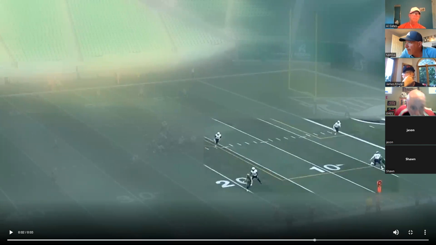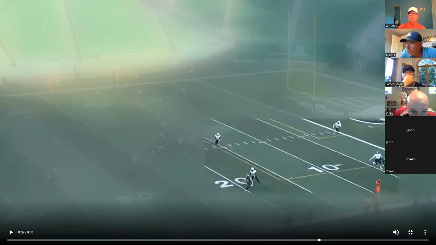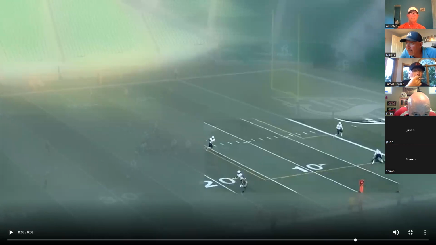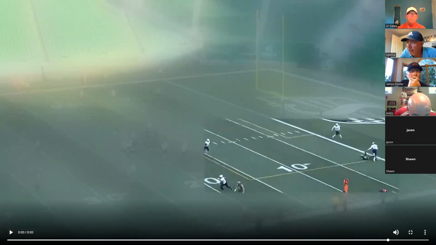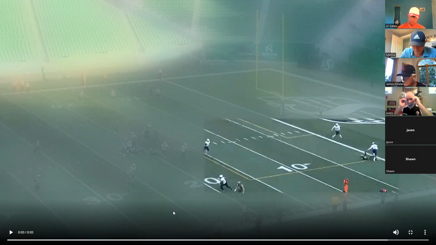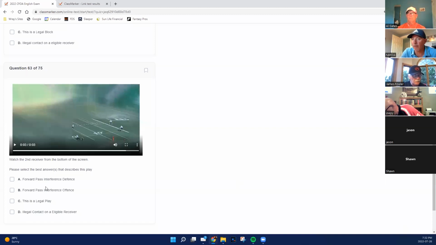If I go slow motion here, as that defender closes on him, it looks like he's getting rid of the ball, but the video's not clear enough to see. So it's got to be a legal contact. Wow, hopefully we get better video than that.